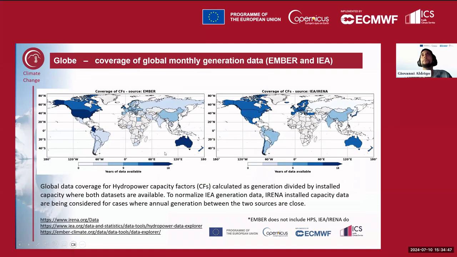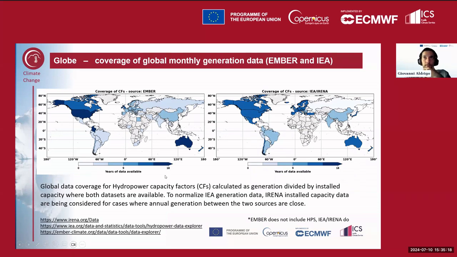To have an idea of the global coverage of these 2 data sets that we're considering, EMBER and the IEA, you see there's a wide coverage, but there are some gaps, for example, over Africa and over Asia. And the darker the color of a country, the higher the number of years available on which to train the model.